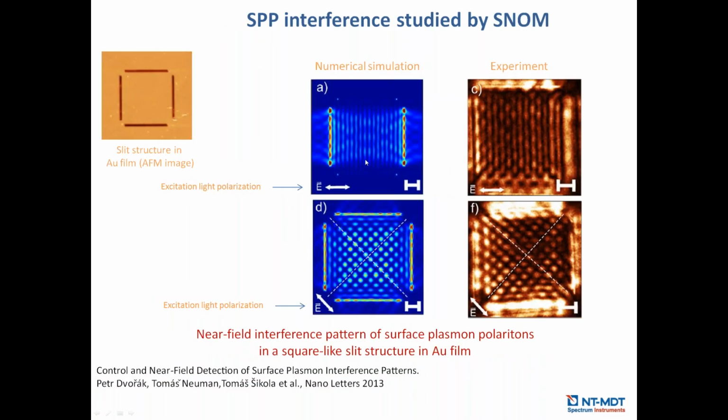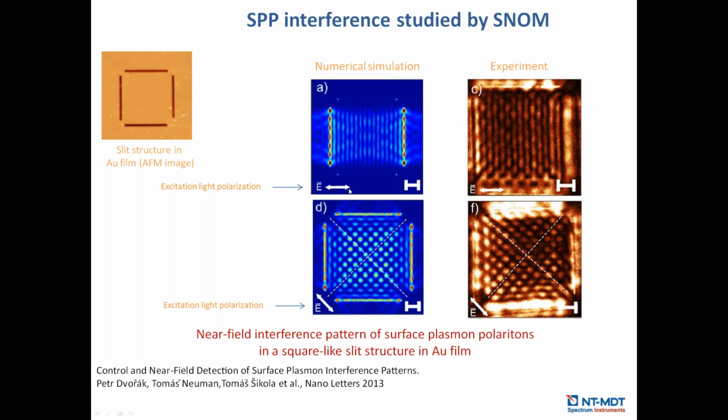And to couple the surface plasmon polaritons, we can also use such a technique, such scanning near-field optical microscopy. This is an example of the interference between two slits here and between such a square interferometer for the surface plasmon polaritons.